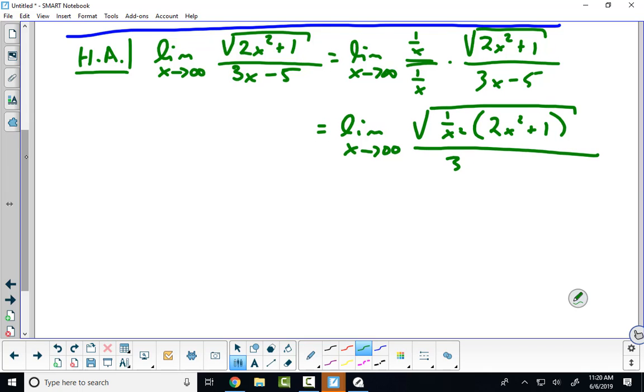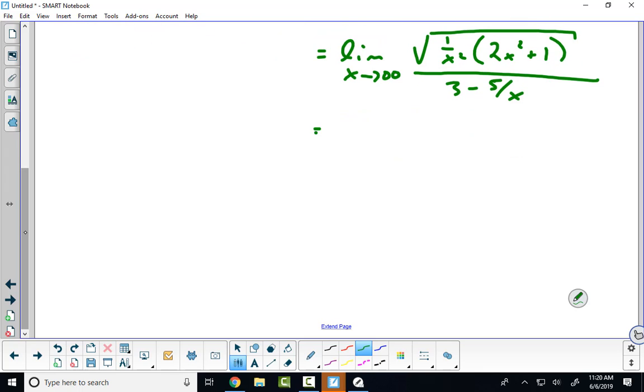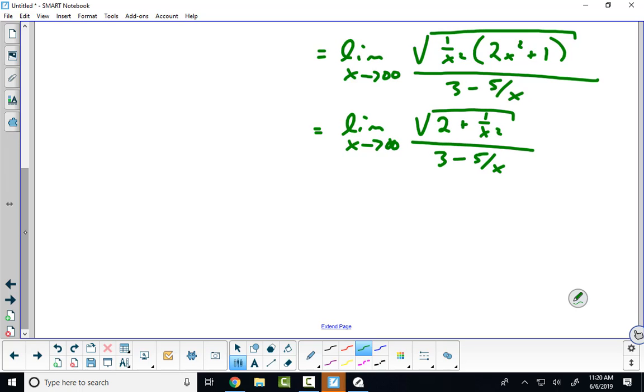And over here, I get 3 minus 5 over x. The denominator seems kind of familiar. It's kind of what we've been doing. Does everyone see what I did in the numerator there, though? So then we clean this up. We get the limit as x approaches infinity of the square root of 2 plus 1 over x squared, all over 3 minus 5 over x.